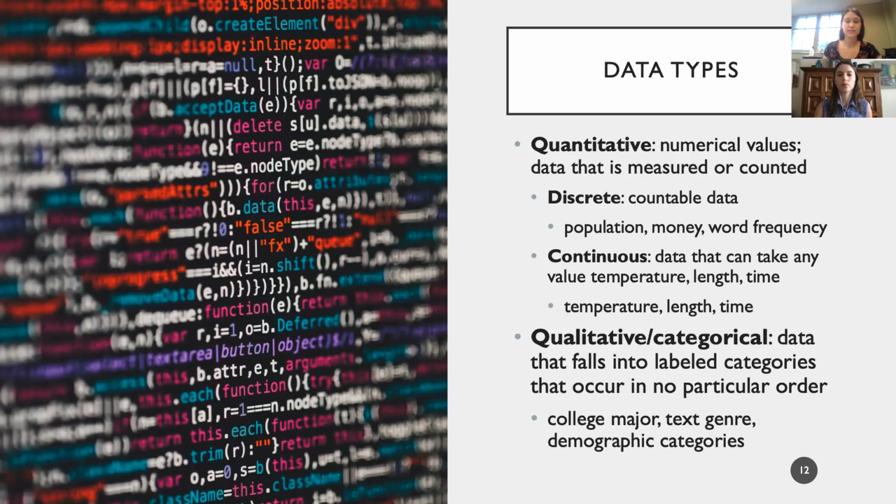So the first is discrete variables, and these are the types of things that are countable. So for instance, if you want to track how the population of a place has changed over time, then the number of people is going to be a discrete variable.